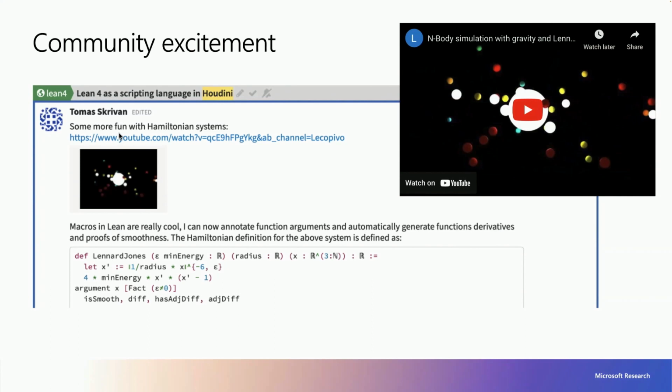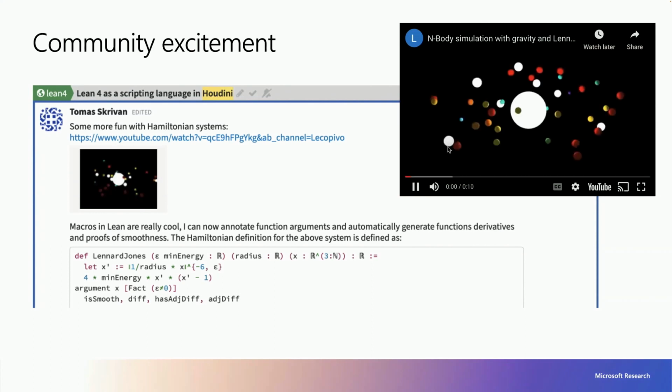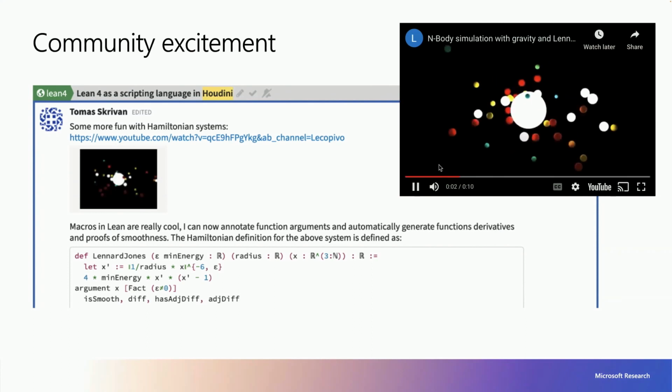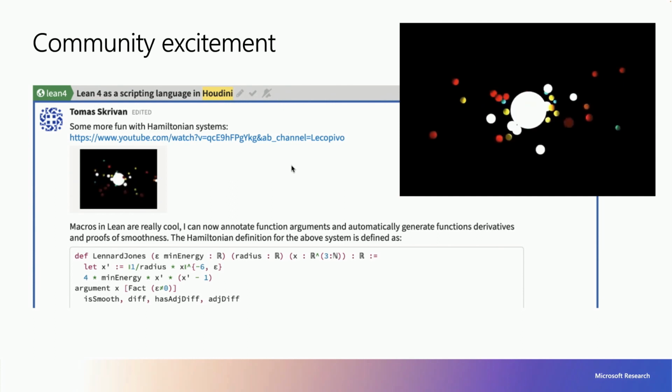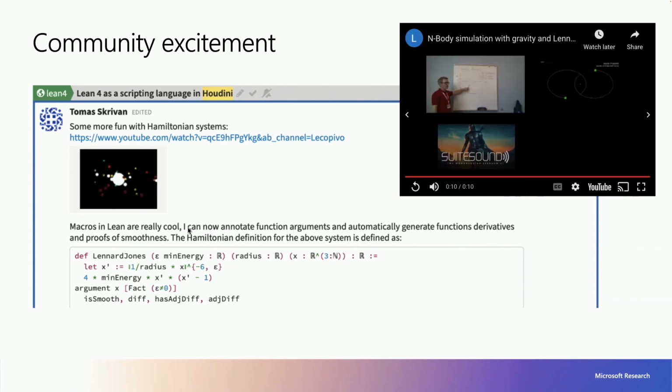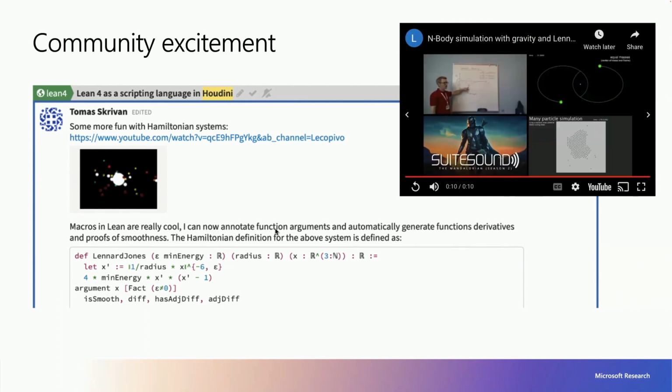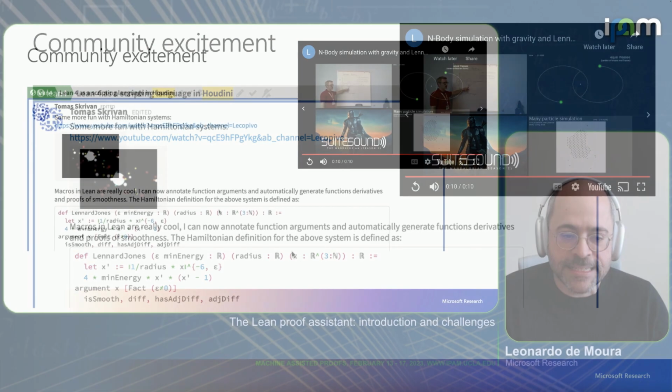Because Lean is extensible, he created an extension that lets you create animations, like this one here. Basically, he's communicating between Lean and Houdini, a system he works on. And he's saying, wow, this is really cool. I can annotate a function, arguments, and automatically generate functions, derivatives, proofs of smoothness.